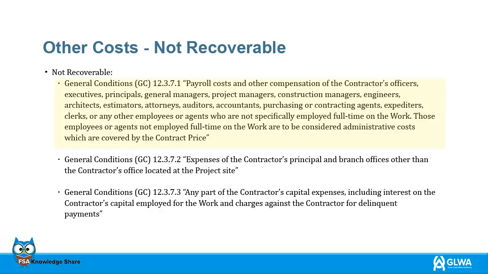General Conditions 12.3.7.1 Payroll costs and other compensation of the contractor's officers, executives, principals, general managers, project managers, construction managers, engineers, architects, estimators, attorneys, auditors, accountants, purchasing or contracting agents, expediters, clerks, or any other employees or agents who are not specifically employed full-time on the work.